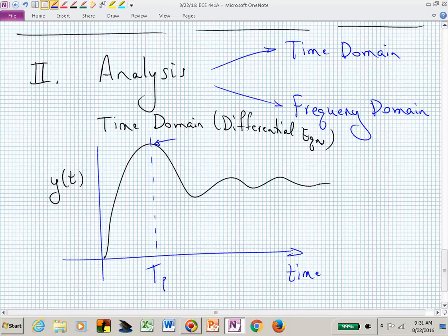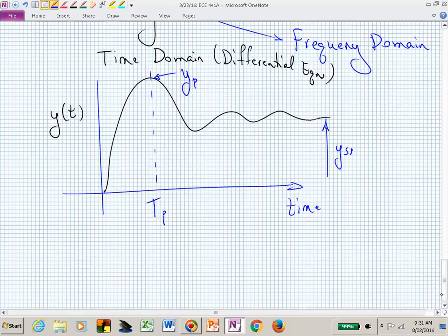T for time, P for peak. That was the peak time. This might be Y sub P, the value of the output at that peak time. This particular value might be the steady state value of the output Y, and when we get to that steady state, maybe we are now into the 2% tube.